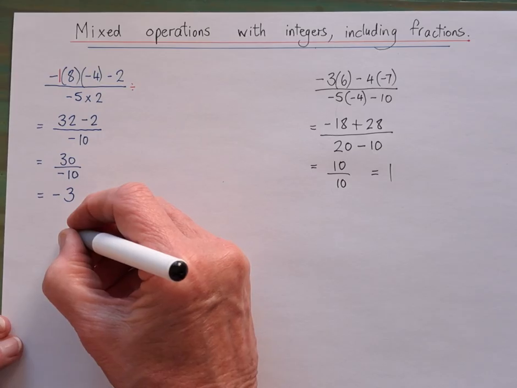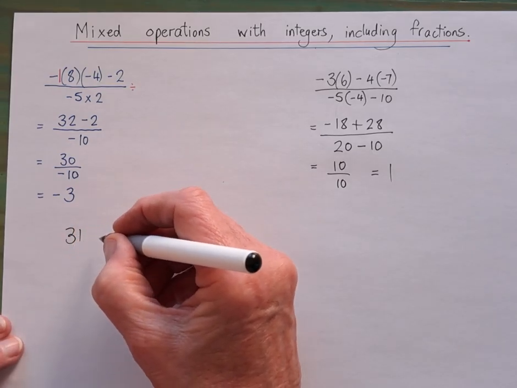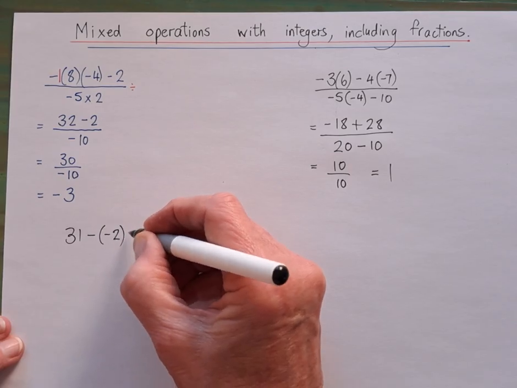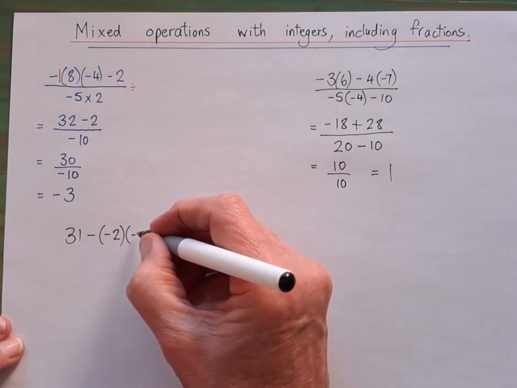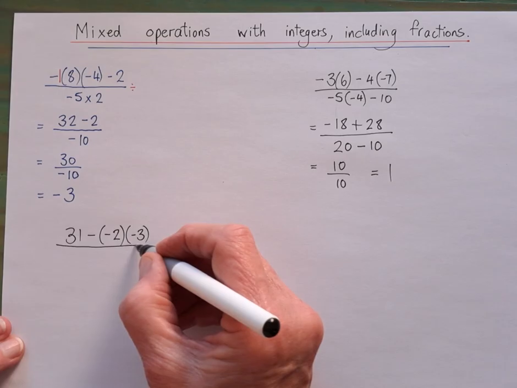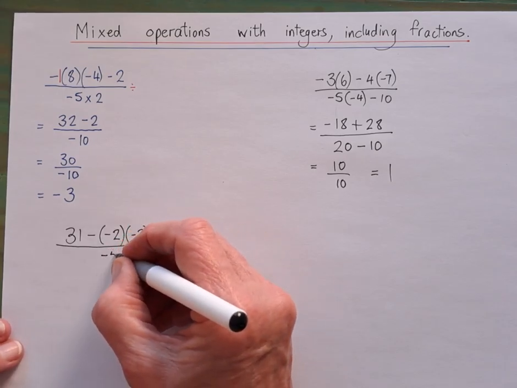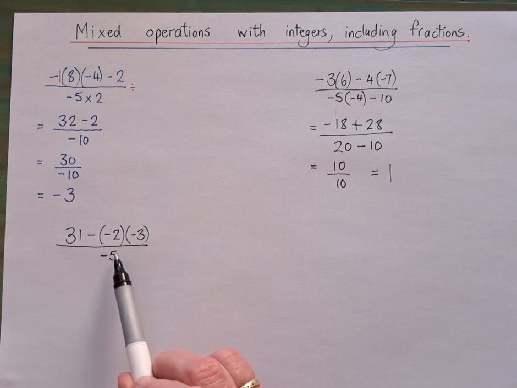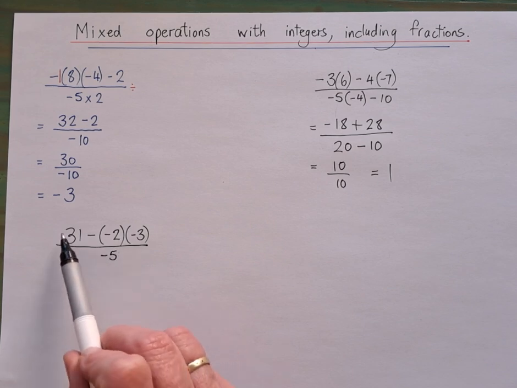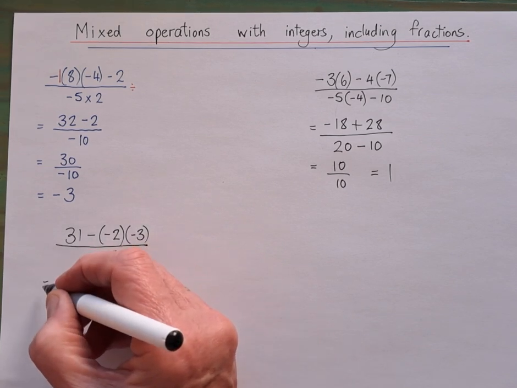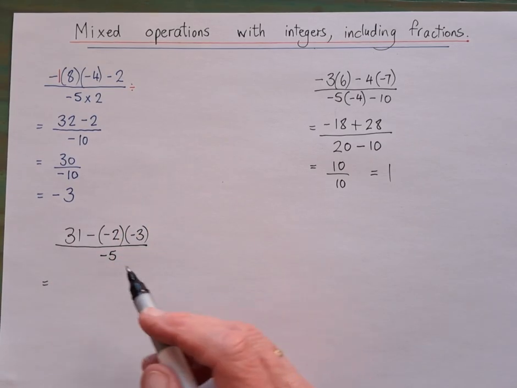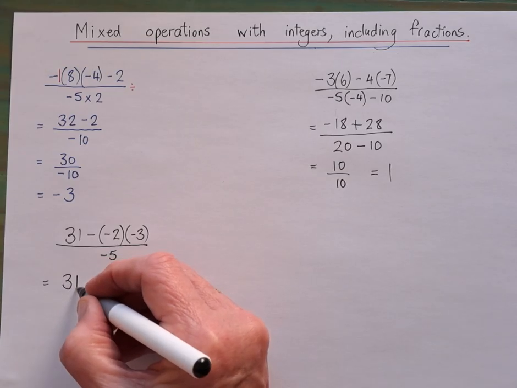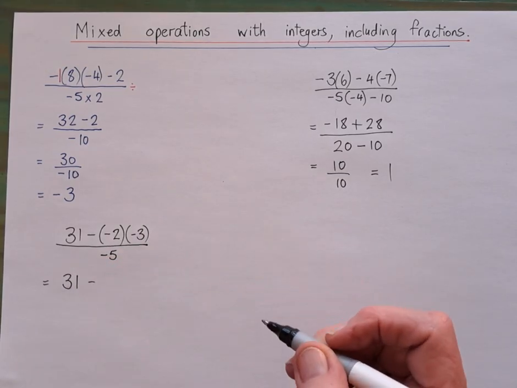Let's have another look at, for example, negative 31 minus bracket -2, bracket -3, all over -5. So if we have a look at this example, we don't have any work to do in the denominator. So when we're working on the numerator, we just have to keep bringing the denominator down with us. The 31 isn't connected to any type of bracket, so it's just a constant 31 standing on its own.